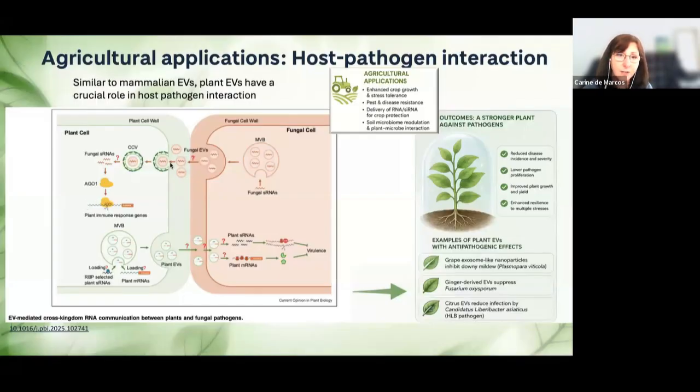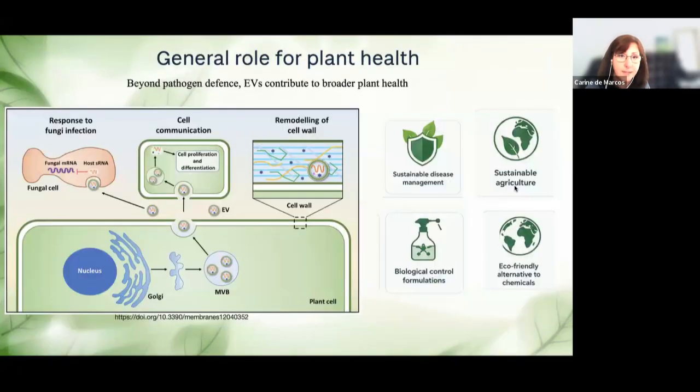So there is a raging war here, and we can harness this and adapt this and maybe boost the plant EV system to be able to engineer stronger plants that will resist pathogen invasion and will help improve plant growth and yield better plants, basically.